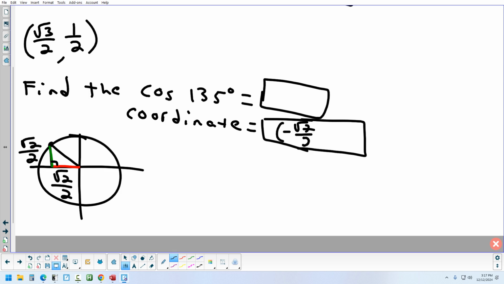Negative root 2 over 2 because we're going left. Positive root 2 over 2 because we're going up. Okay, so there's our coordinate. And now they want to know specifically just the cosine. So negative root 2 over 2. Yep, negative root 2 over 2.